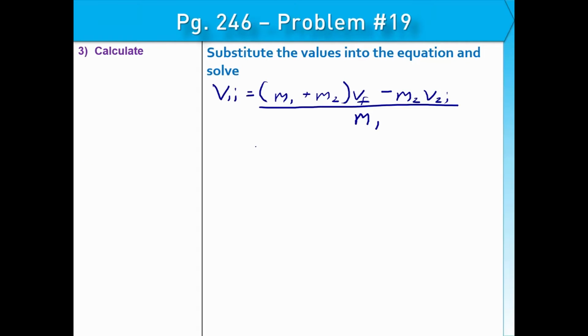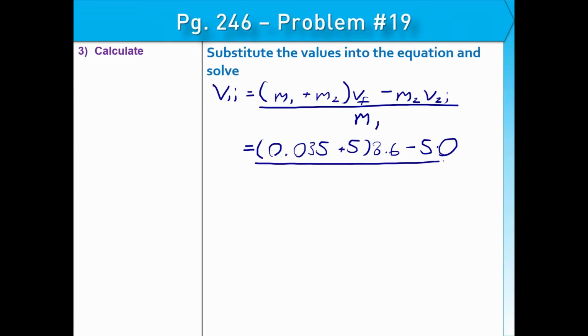Substituting, mass 1 is the bullet, so I plug in 0.035 plus the mass of the block, which is 5 kilograms, times the final velocity, 8.6 meters per second, minus the mass of the block, 5 kilograms, times the initial velocity of the block, which is 0, all over the mass of the bullet, 0.035. Looking at my equation, 5 times 0 equals 0, so this term drops out.